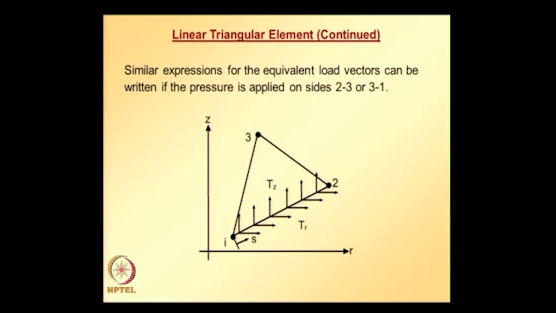If the components of traction, Tr and Tz, are not constant, then we need to take care of that while doing integration, or we need to use a numerical integration scheme to simplify the integrand once Tr, Tz become complicated.